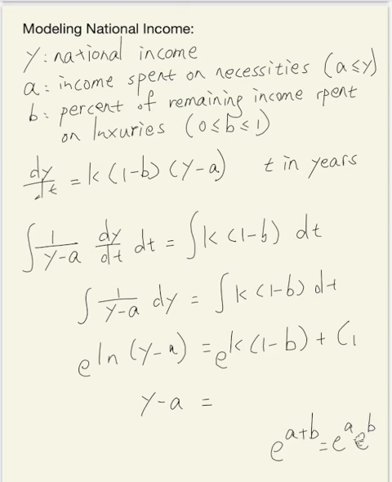This is the product of exponentials. So similarly here, this is e to the C1 times e to the k times (1 minus b) times t.